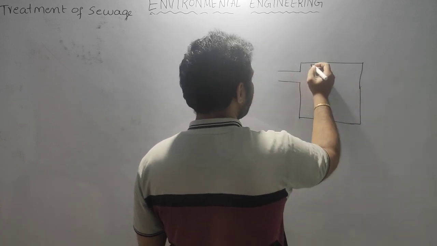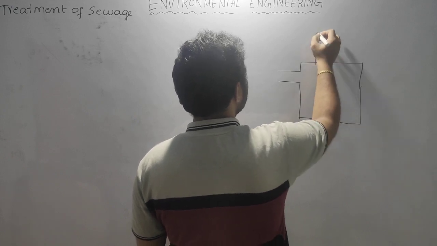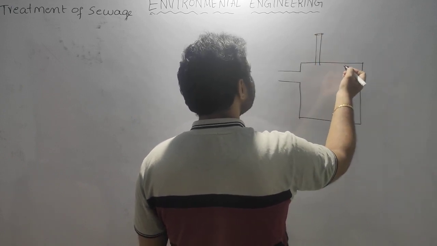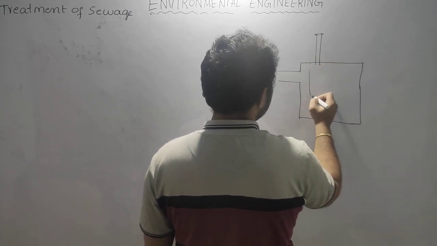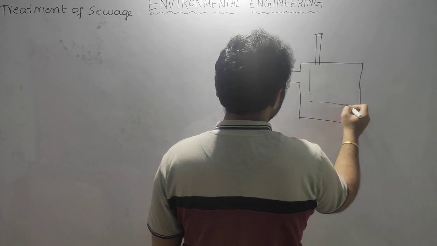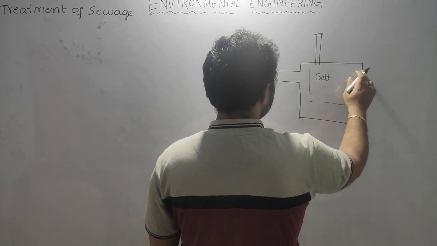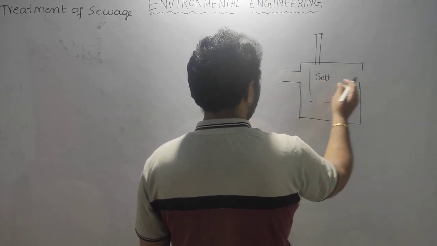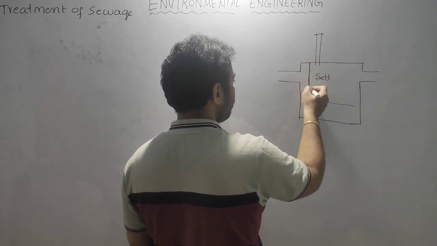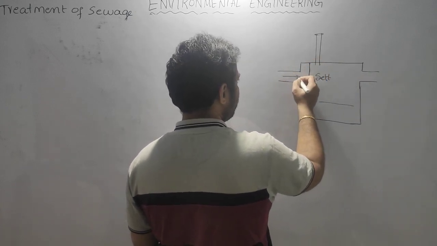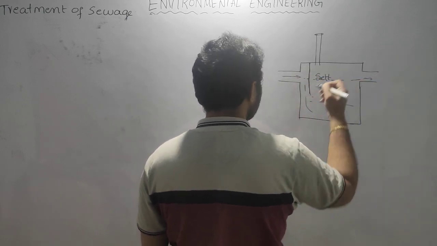There will be a long pipe to trap the gases, and this is the settling zone, somewhere up to here. We construct a baffle-like arrangement, because if you don't construct this wall, the sewage entering will go directly to the outlet without moving through this settling chamber.